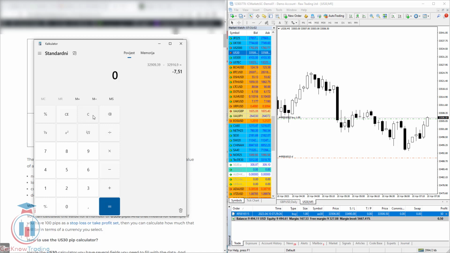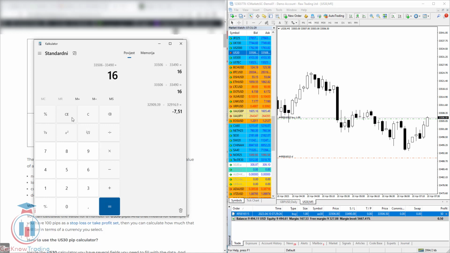So the open price is 33506.00 minus 33409.0. Okay, so there is a wrong calculation, 33506.00 minus 33409.0.